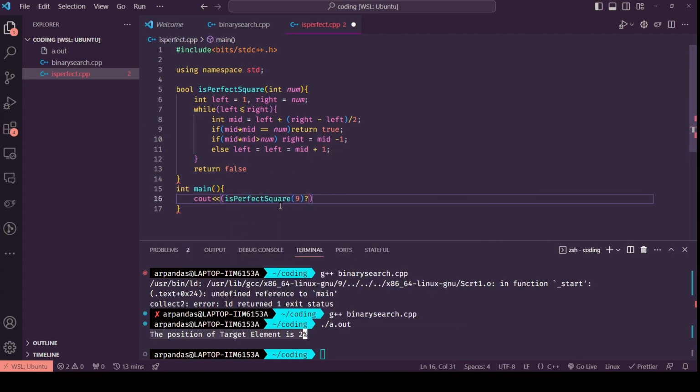Outside, left right, we check is perfect square 9. Then we simply write it is a perfect square. It is a perfect square.